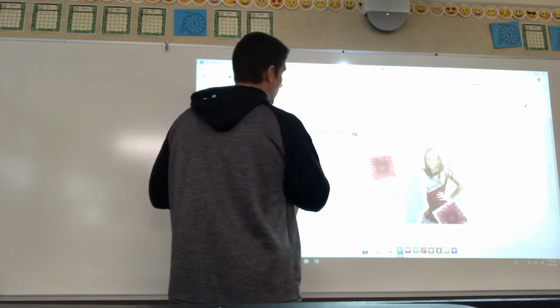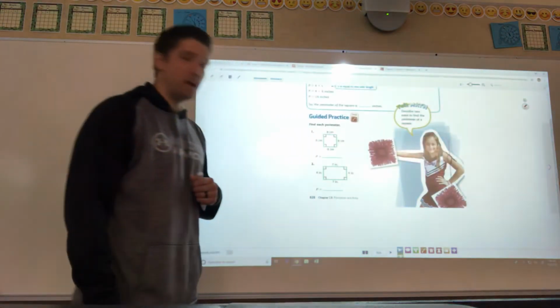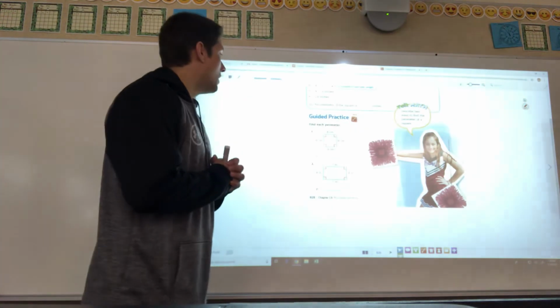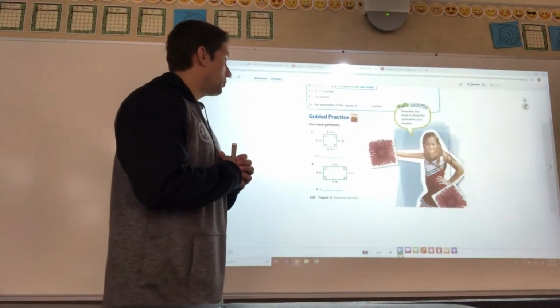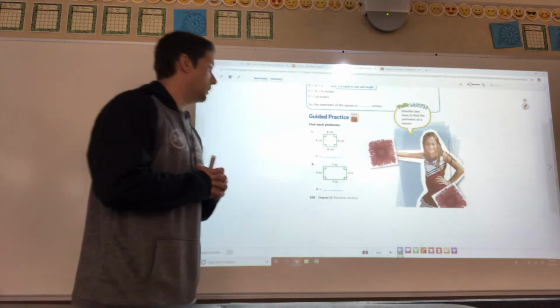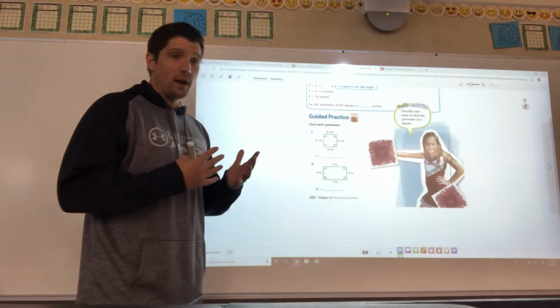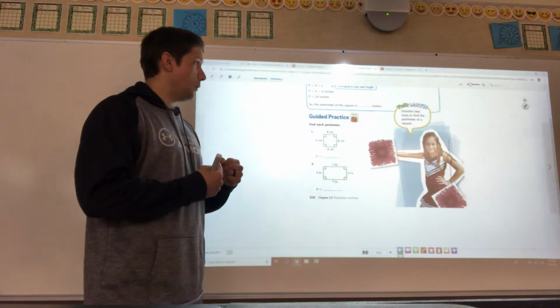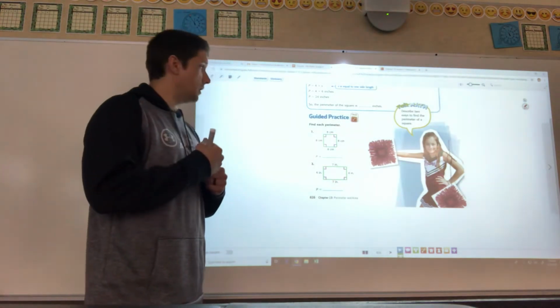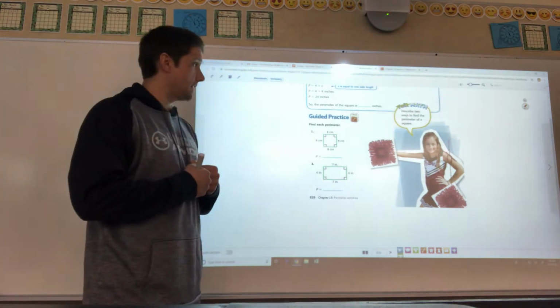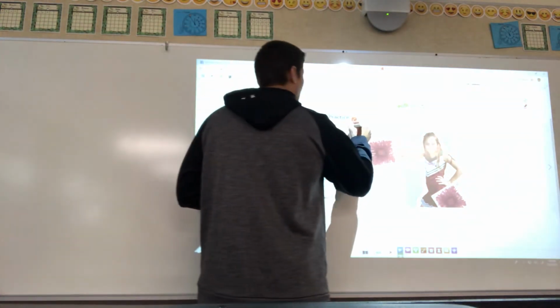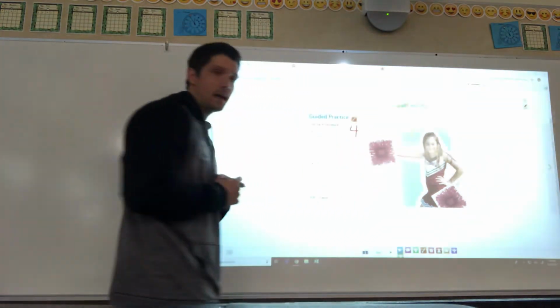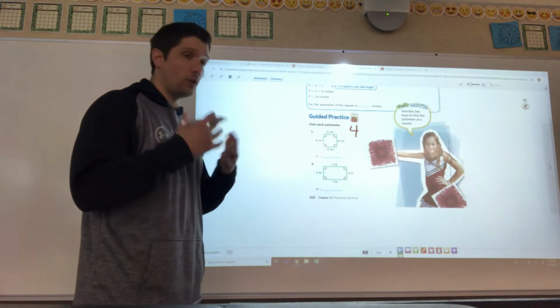We are on the guided practice at the bottom of page 826. Here we go. It says find each perimeter. So the very first one, number 1, we have a square, 4-sided figure. All 4 sides are the exact same. Now, I'm going to use that formula that we just got done using on the last square. There are 4 sides to the square, and they're all congruent.